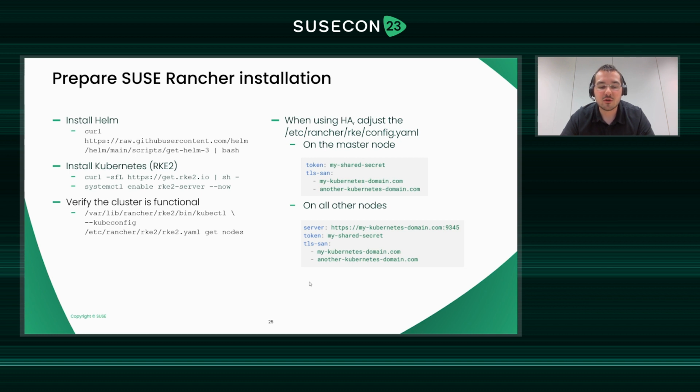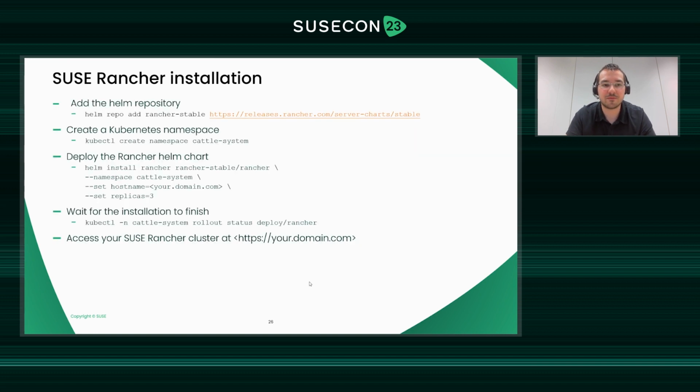You can use kubectl and the kubeconfig that's preset just to check if the nodes are there. When you're using an HA setup, make sure to adjust the etc rancher rke2 config YAML. On the master node, it looks like on the right-hand side, you just have a token and TLS SAN. On all other nodes, you need to enter the server, so your first node, so the other instances can join.